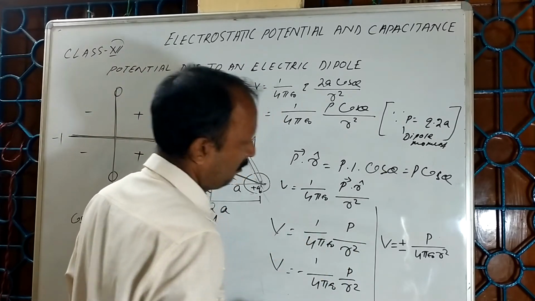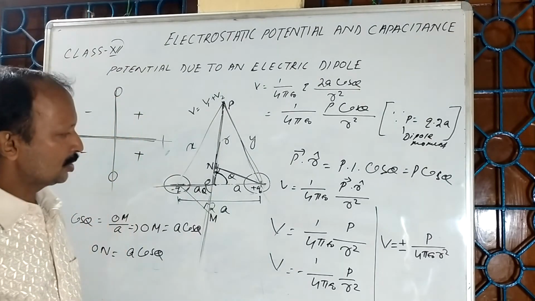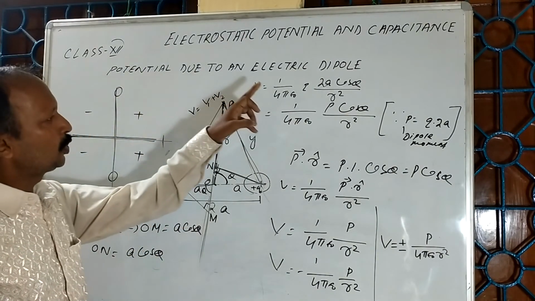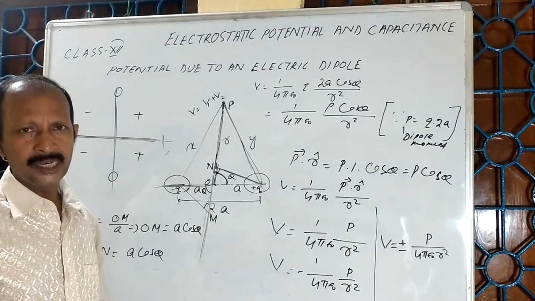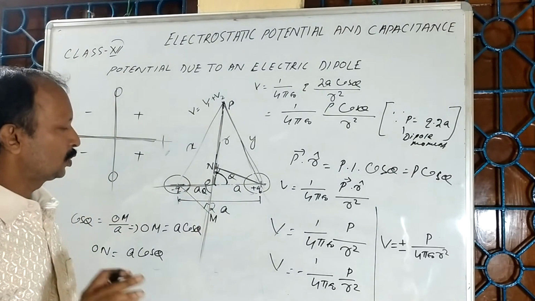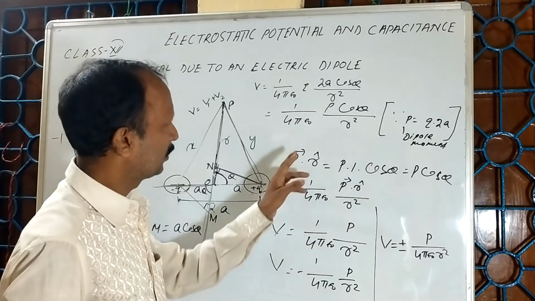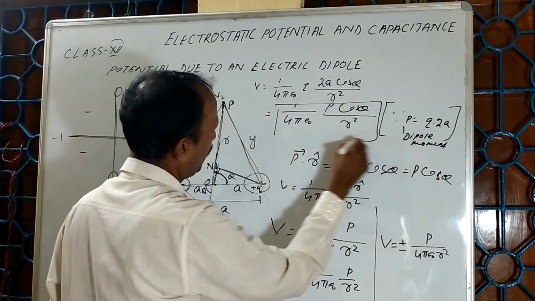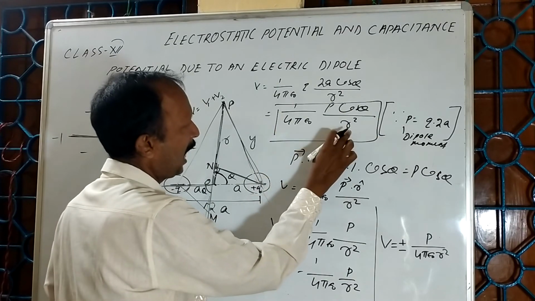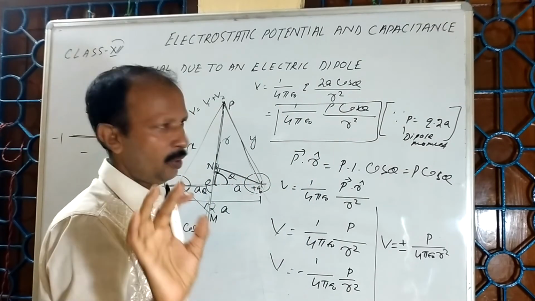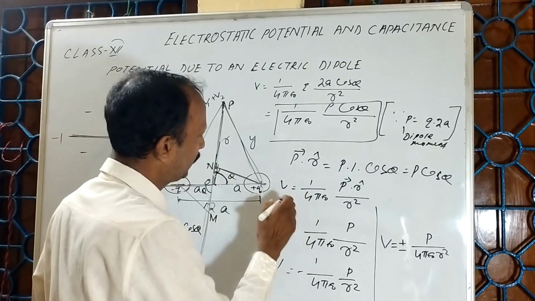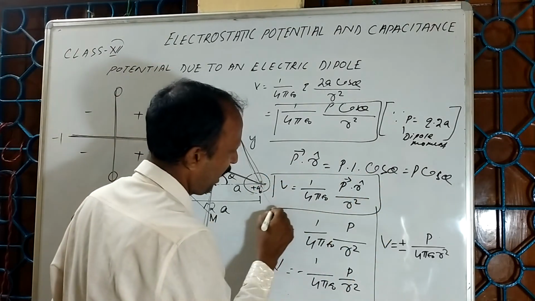This is the fact I discussed about the potential due to an electric dipole. So we found that this is P cos theta divided by 4 pi epsilon naught r square, and in vector form I can write like this manner.